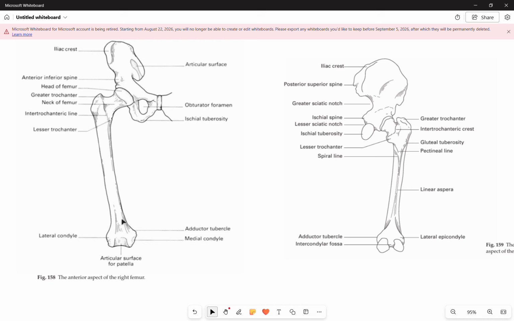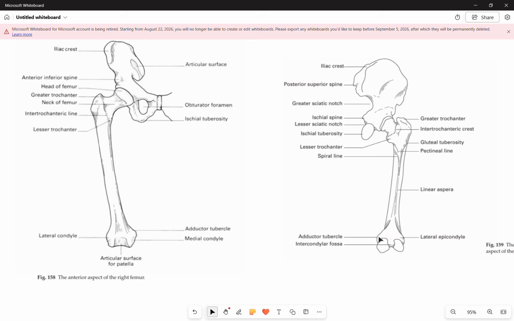Shaft, and then you get two condyles over here, lateral condyle, medial condyle, and articular surface of the patella. Posteriorly, you get a very well-formed intertrochanteric crest, and a crest which is known as linea aspera, dividing posteriorly into a triangle, medial and lateral.